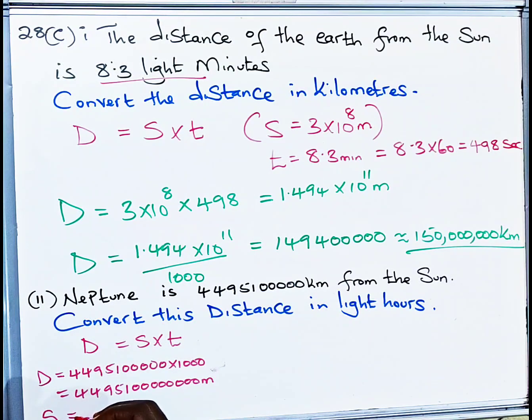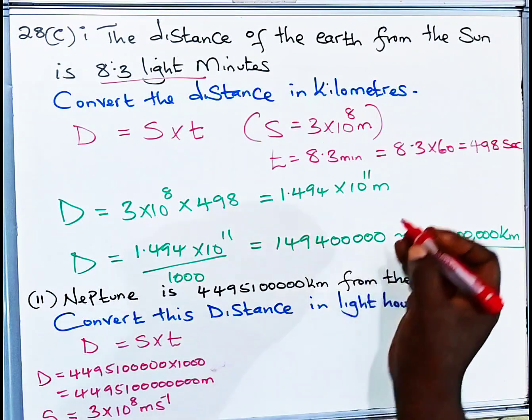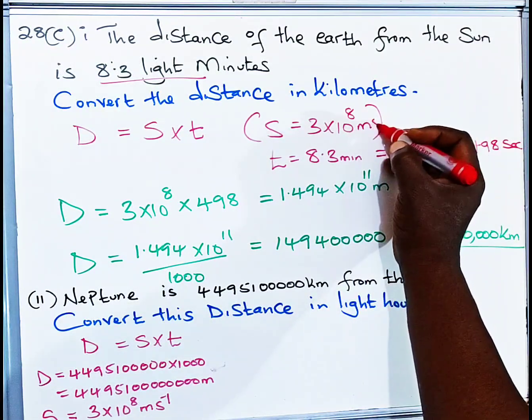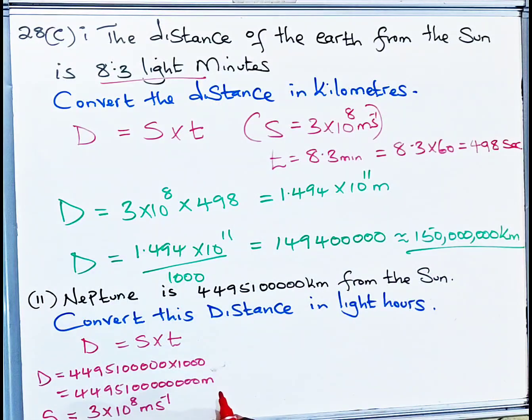Remember, we are considering light, and the speed of light is constant. It is 3 times 10 power 8 meters per second. So that's what we have.